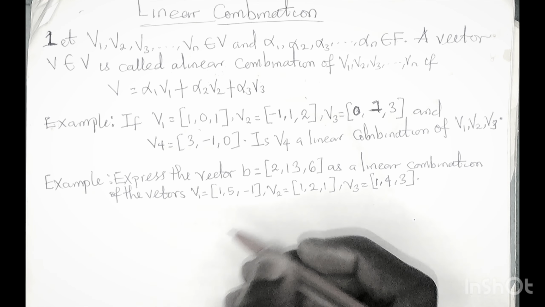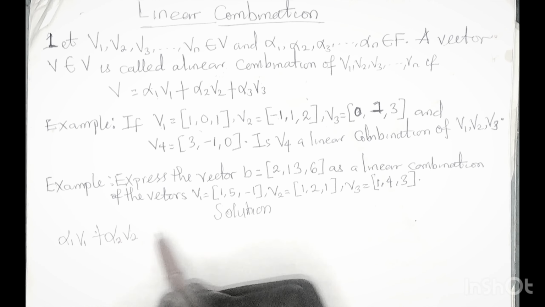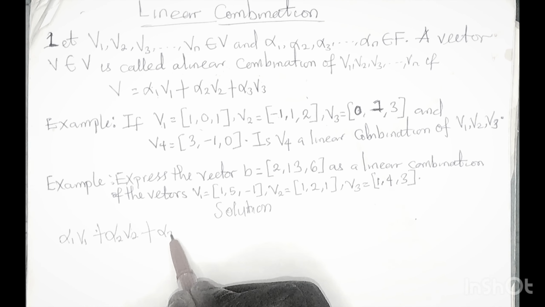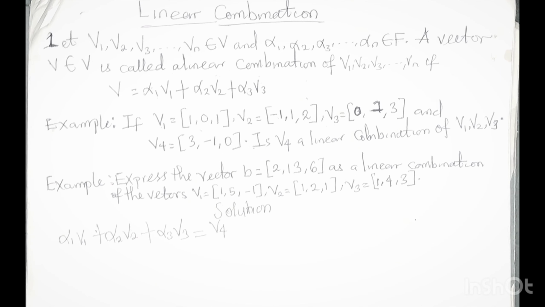So we are going to be following this. They ask: is v4 a linear combination of all these? That means if I do alpha 1 v1 plus alpha 2 v2 plus alpha 3 v3, I should get v4. That is what this question is talking about.